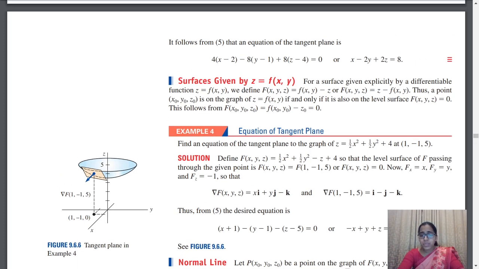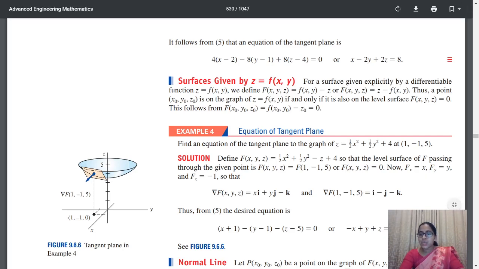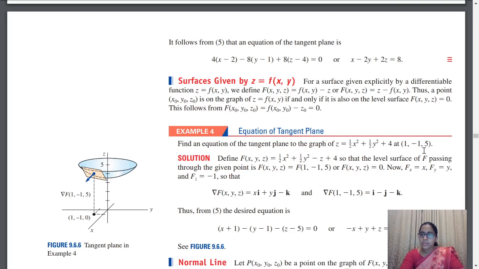We get fx at (1, minus 1, 5), that is 1 into (x minus 1) plus minus 1 into (y plus 1) and minus 1 into (z minus 5), using the previous theorem. You can simplify it and you will get minus x plus y plus z is equal to 7.